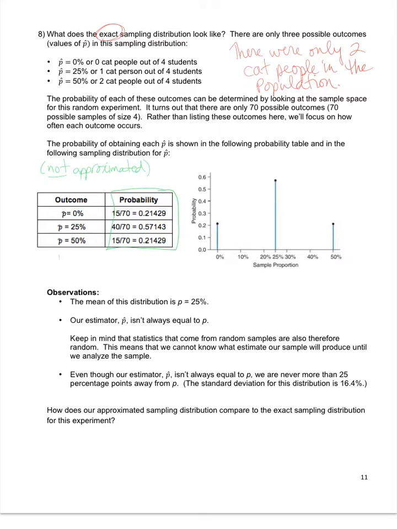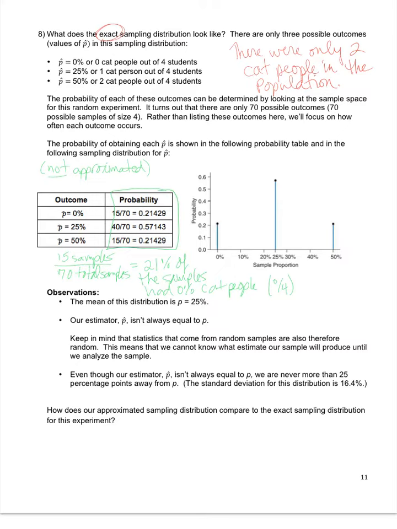So for instance, there were 15 samples out of 70 total samples possible, which is about 21% of the samples, had 0% cat people, which also means that 0 out of the 4 people were cat people.